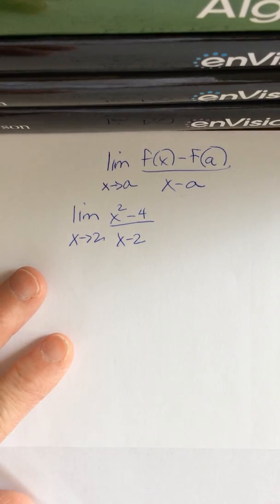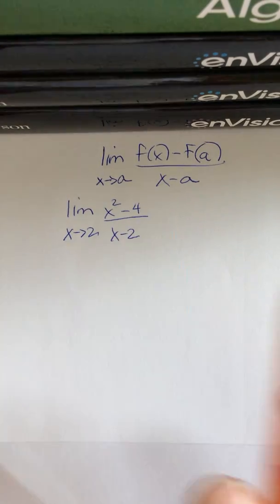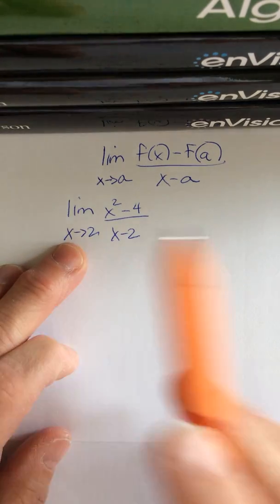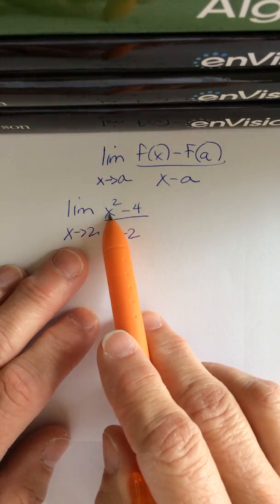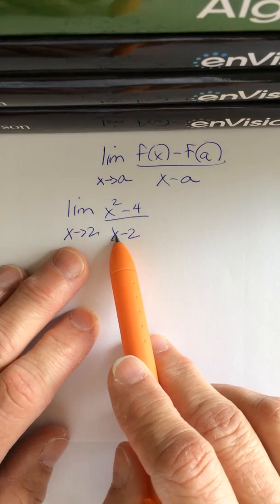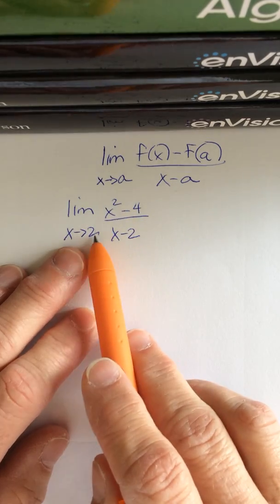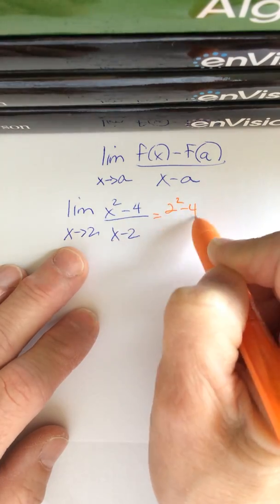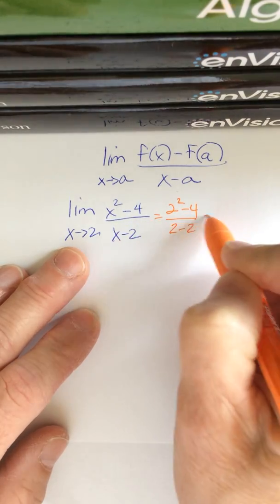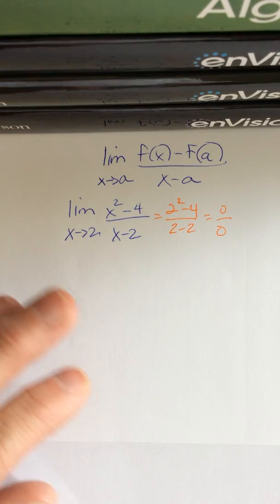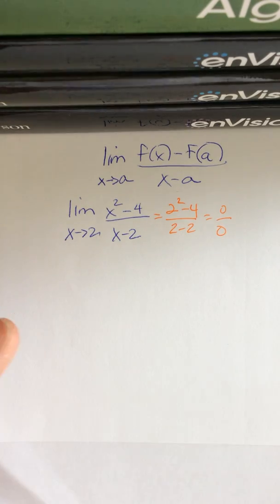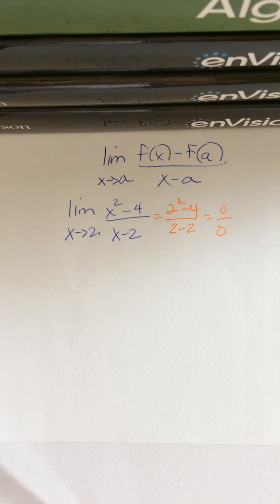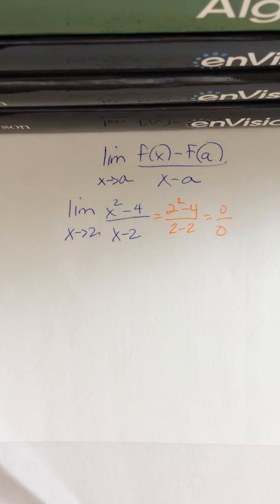Now, just for the sake of reminding us, anytime you find a limit, your first approach is to substitute 2 for x into the expression. And if we did, we would have 2 squared minus 4 over 2 minus 2, which does give us 0 over 0. Because that turns out to be the indeterminate form, we need to approach this from a different perspective.